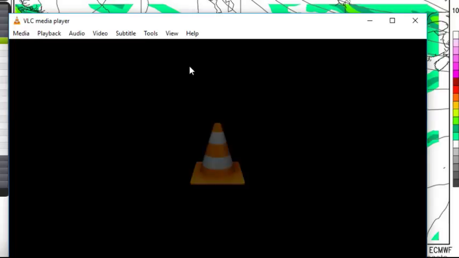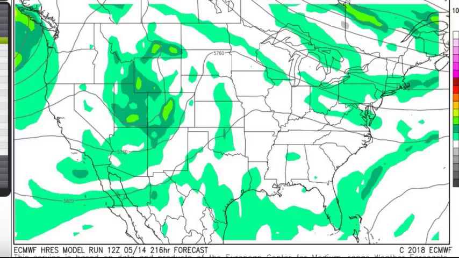VLC is a great program, and it will play anything. And I'm sure it will get our music going here. So let me pull that up. And then once we do that, we can go out on a proper note here.